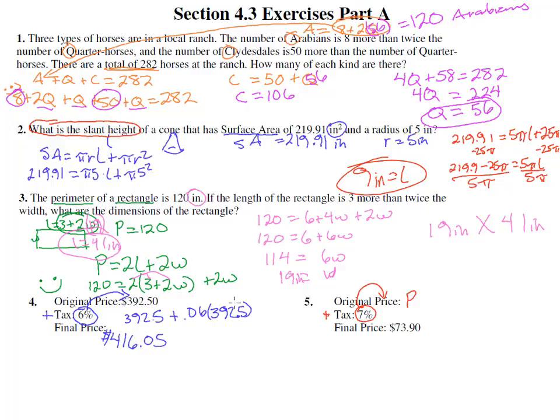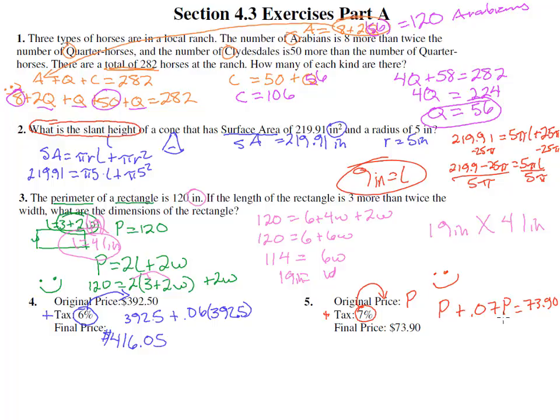And we know it has the same pattern as number 4. We would take the price plus 7%, which is 0.07 times that original price. But now we know, instead of knowing what we started with, we know what we end with, 73.90. So let's go backwards. Can we solve this? Yeah, here's a happy face saying we're in math land and we have an equation that we can solve.